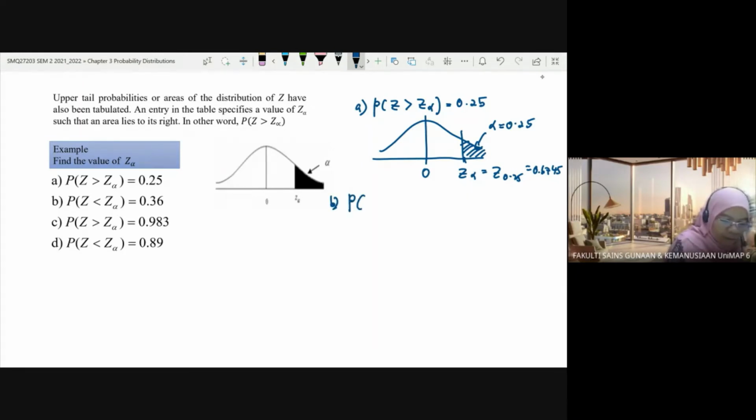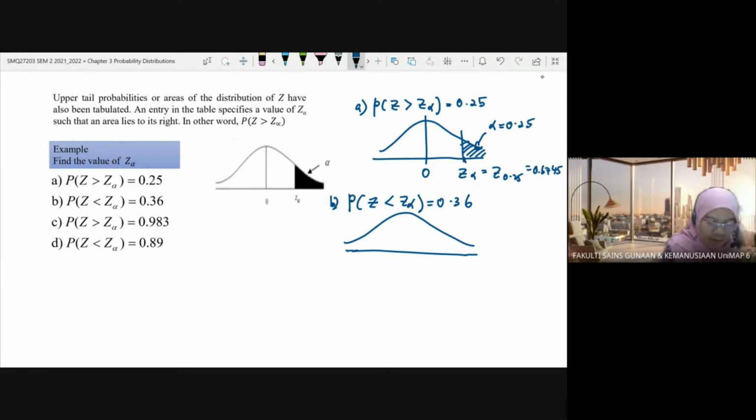So B, you are looking for Z that gives you alpha 0.36. Okay, if I draw, now, bear in mind, sometimes you have to test, okay? 0.36 is a very small probability value.